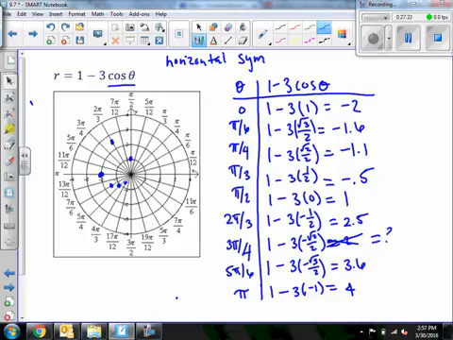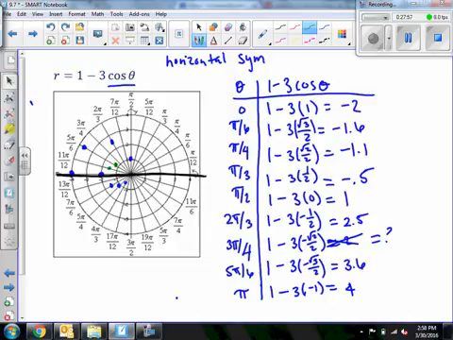If I plug in 5 pi over 6, I'm at 3.6, which puts me here. And if I plug in pi, I'm at 4. So now what I can do is use the fact that it's symmetric over the horizontal, sorry, can't talk today. So it's going to be symmetric over this, so I can find my matching points here.